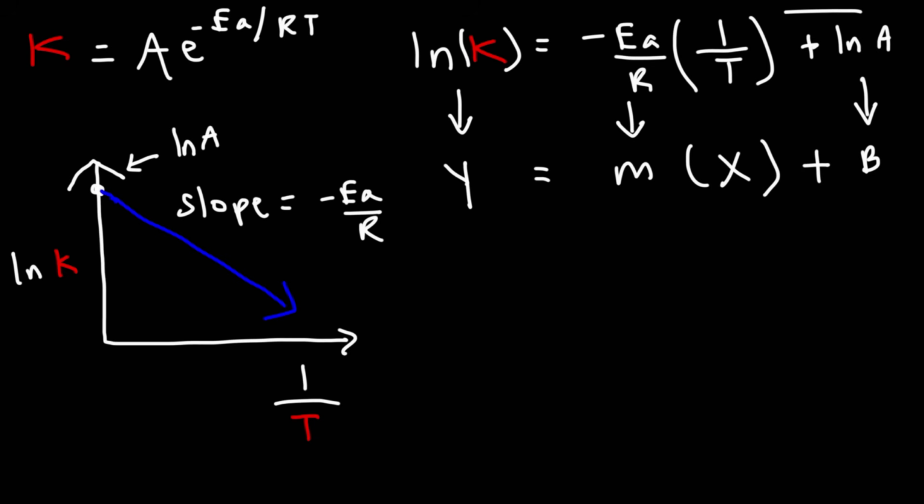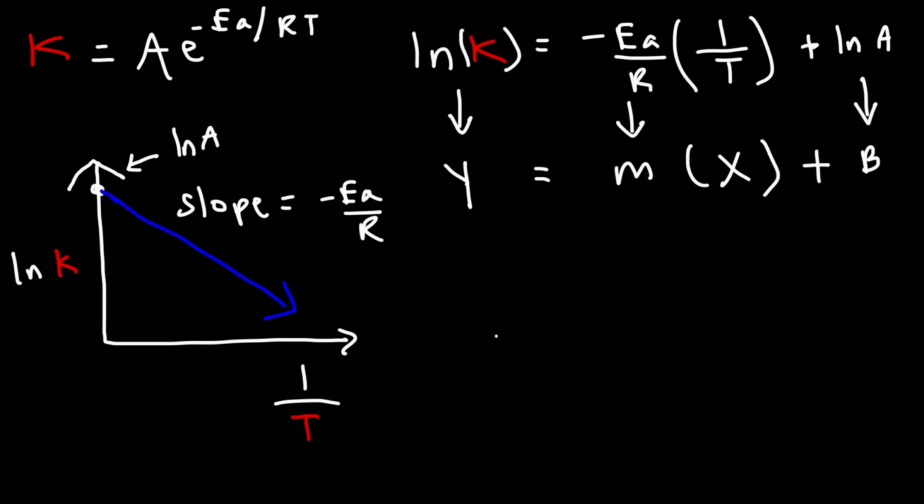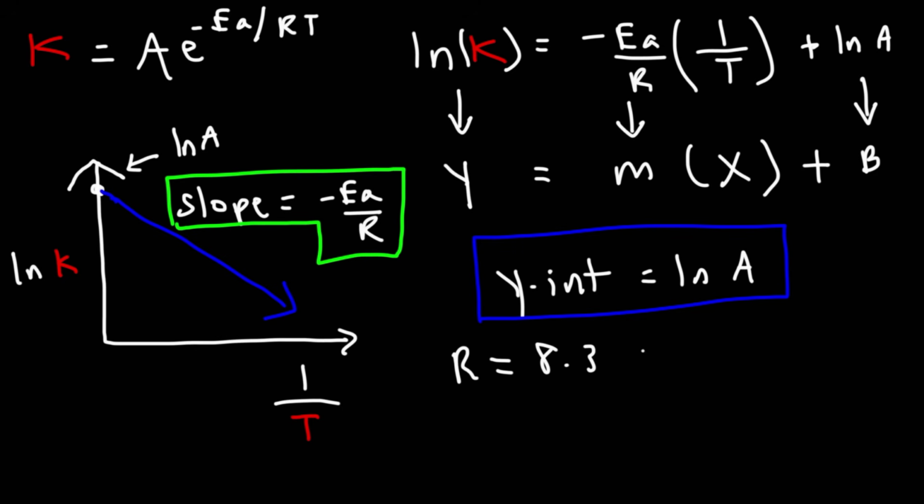So for problems associated with this equation, where you have a plot of ln k versus 1 over T, just know that you can find the activation energy from the slope of the graph, and the y-intercept is equal to the natural log of A. So you could find the frequency factor from the y-intercept. Now R is 8.3145 joules per mole per Kelvin.